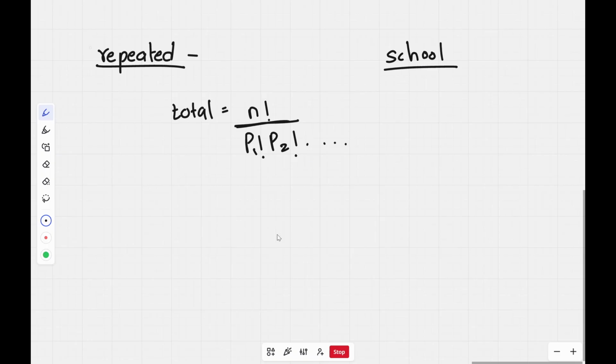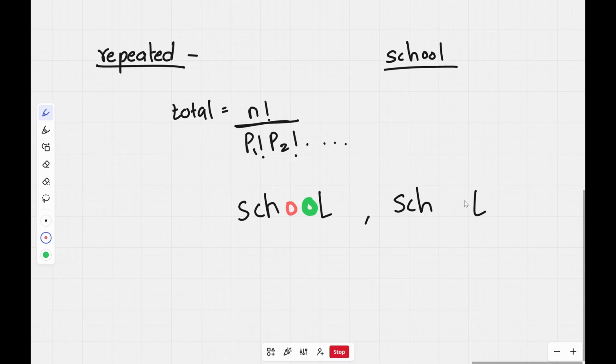So for better understanding, let's take this. There are two O's which are repeated. Now if I write the O's in different colors for better understanding, the fonts are different, but let's just take it like this. And here is another way to write school, where I just shuffle these two.